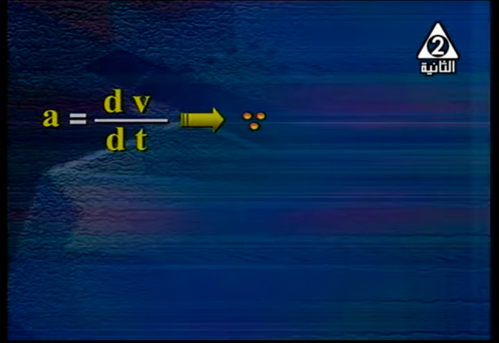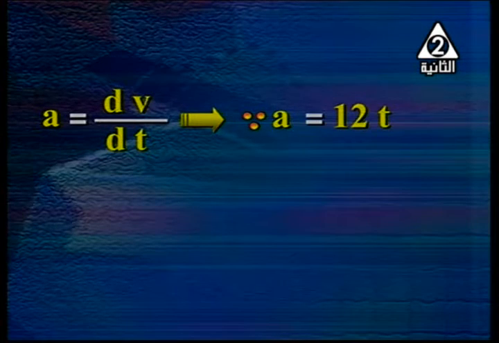Acceleration is dv with respect to dt. We differentiate the velocity with respect to the time t. Remember, dear student, in this case the required is acceleration and we have velocity. When we find the acceleration, we use the derivative of velocity with respect to the time t.